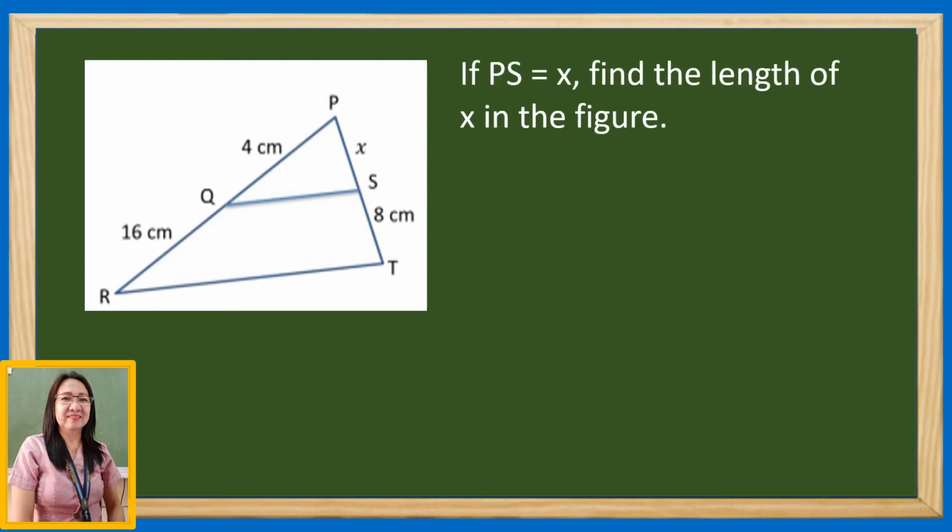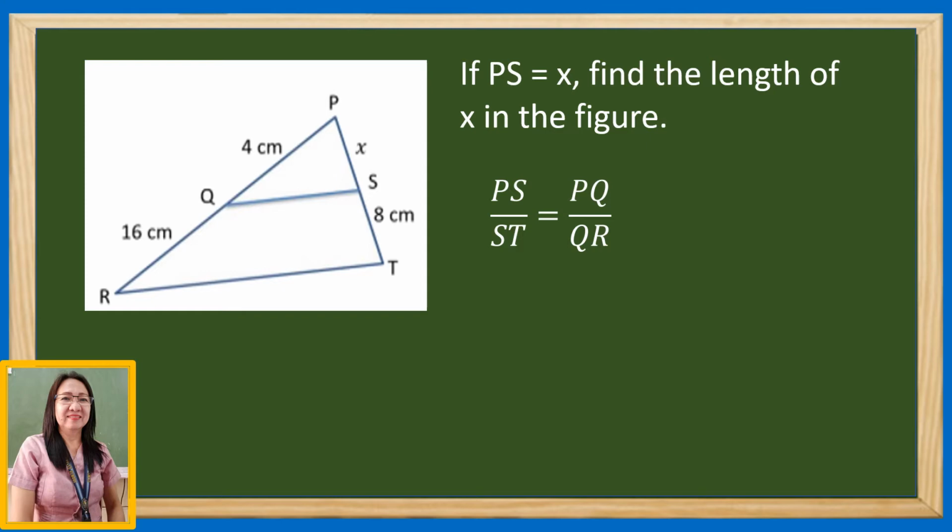So if PS is equal to X, as indicated in our figure, we have to find the length of X. So let us use our proportion: PS is to ST is equal to PQ is to QR. So meaning, we use the first one, which is part by part.